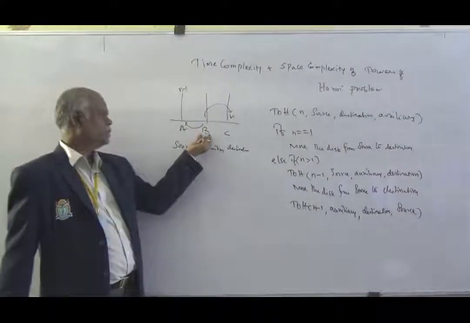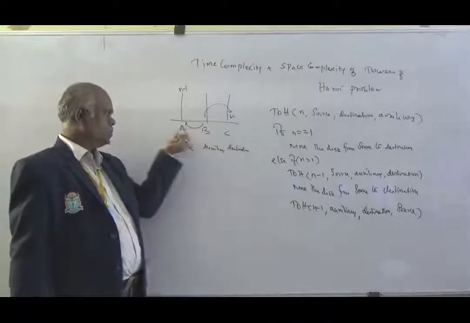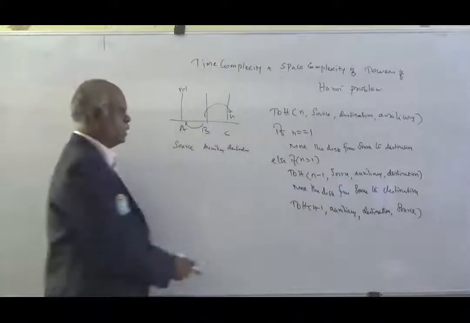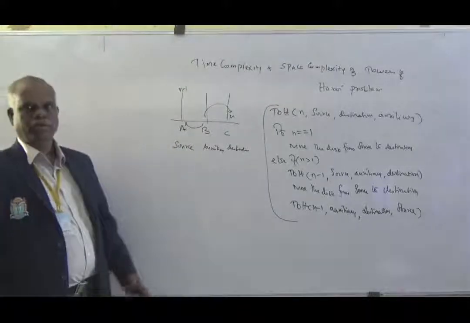That means there are n minus 1 disks here. So from auxiliary to destination, using this as temporary, we have to move them. So this is the recursive procedure for the towers of Hanoi problem.